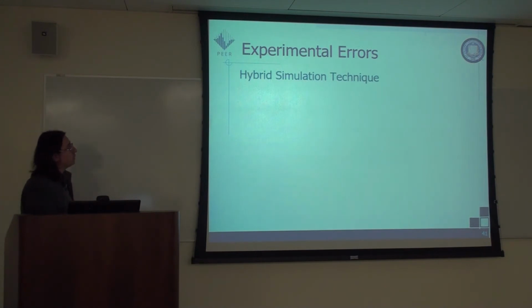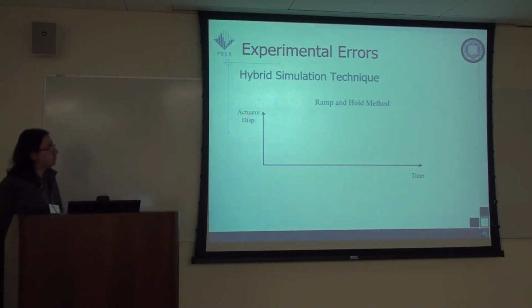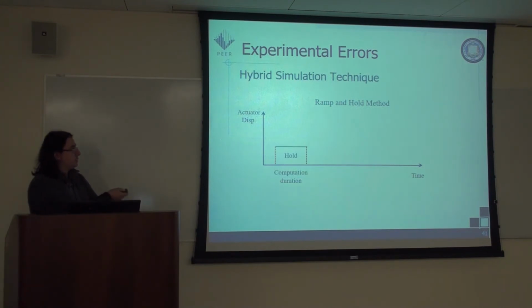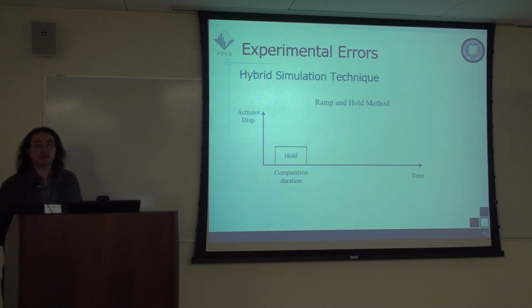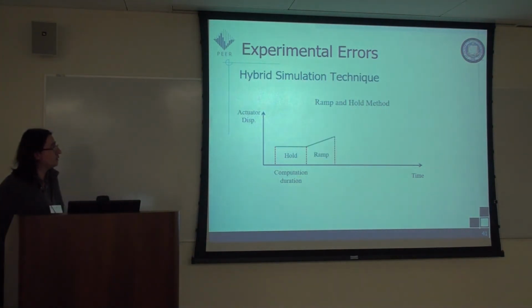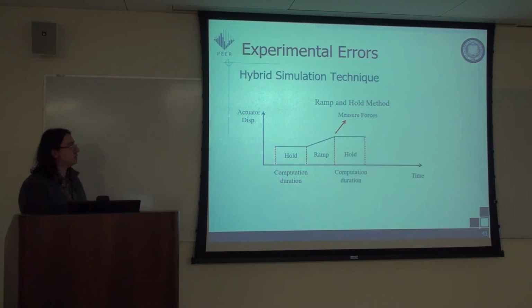And related to the hybrid simulation technique, in the early stages of the method, the ramp and hold method was used widely. In this application, during the computation, any actuator was held in position, and when the next displacement is computed, the actuators start to move to that target displacement, and here you measure the forces, and then again wait while the computation is going on, and the process continues like this.